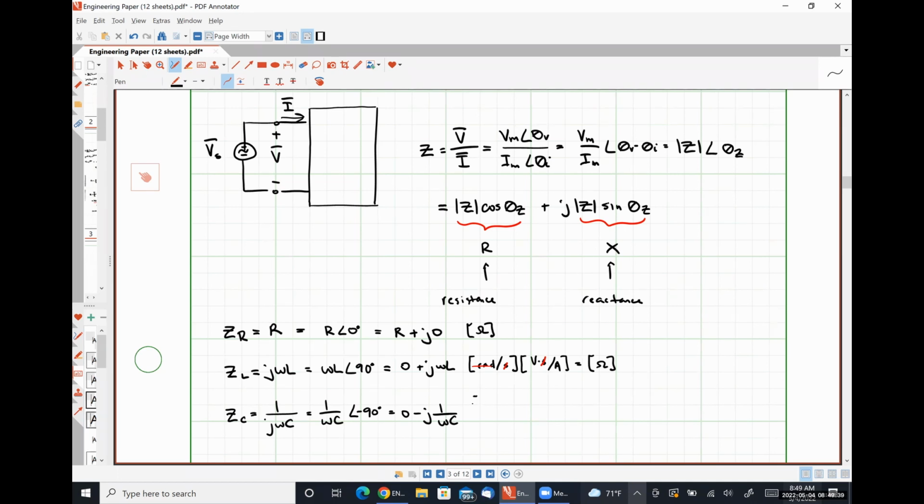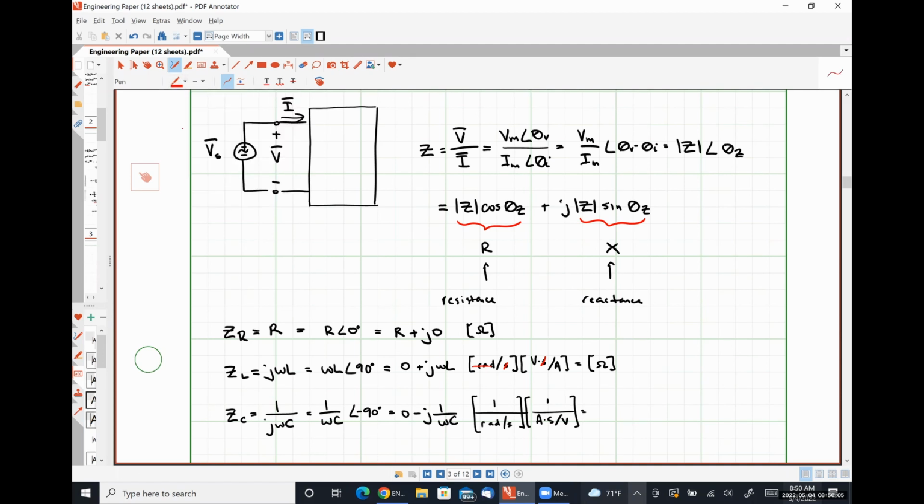So dimensionally, we have 1 over radians per second times 1 over farads, where a farad is an amp second per volt, right?